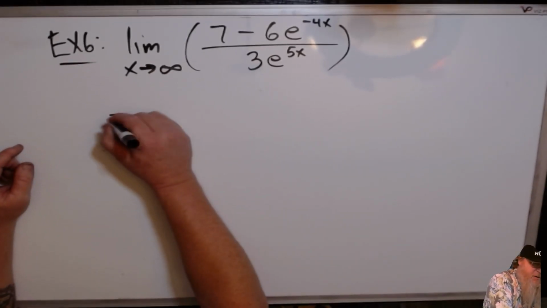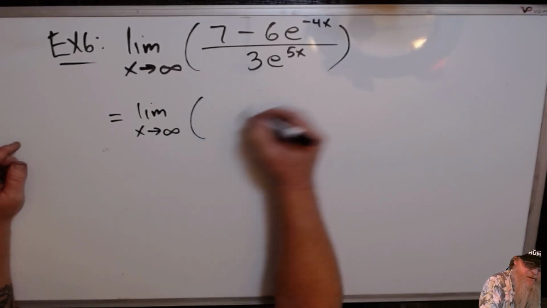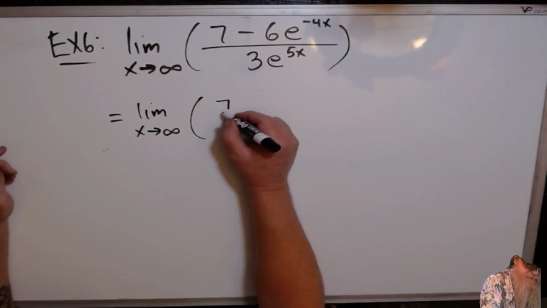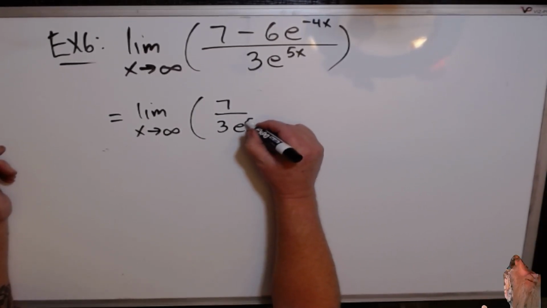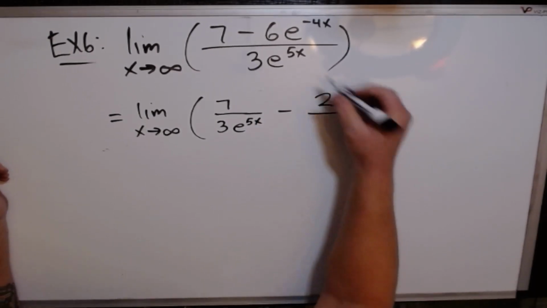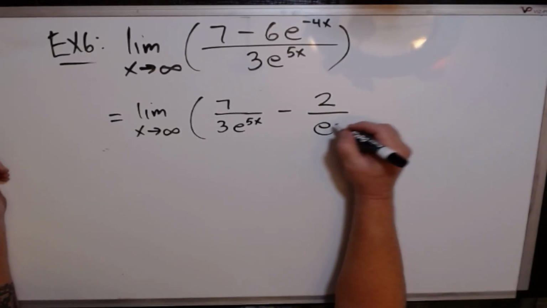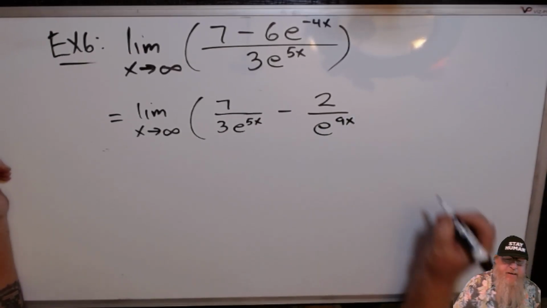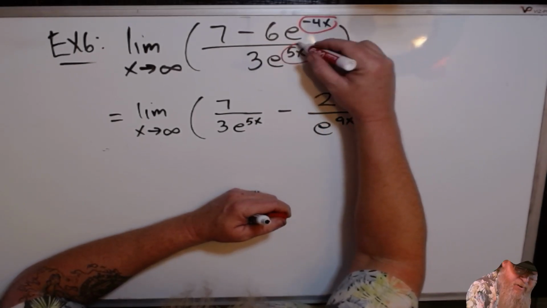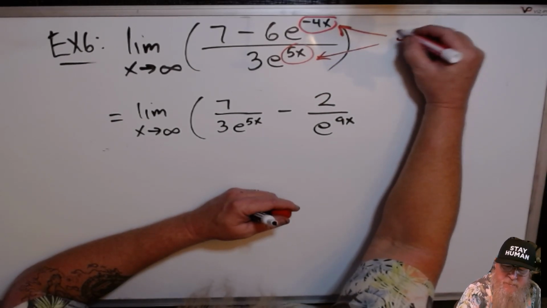All right, the first thing you want to do is clean up the fraction part. So you're going to write that as 7 over 3e to the 5x minus 2, yeah, 6 divided by 3 becomes 2, over e to the 9x. Tricky, huh? Remember, when you divide, you subtract.